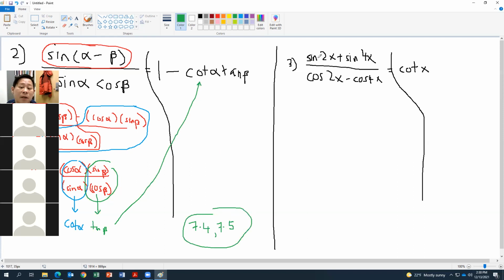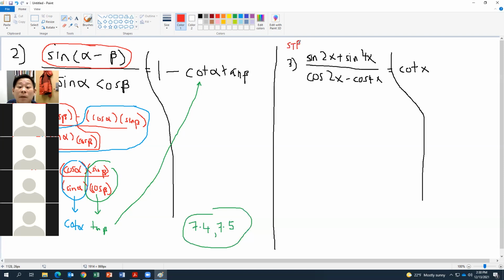How about question 3? Anyone know how to prove this is equal to cotangent x? How do we prove this? Sum to product formula. Yes, you have to use the STP formulas in this case.